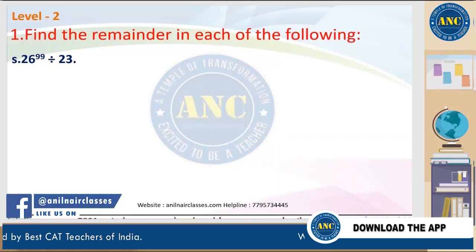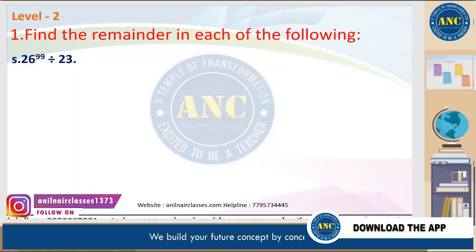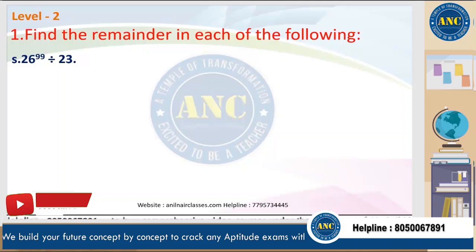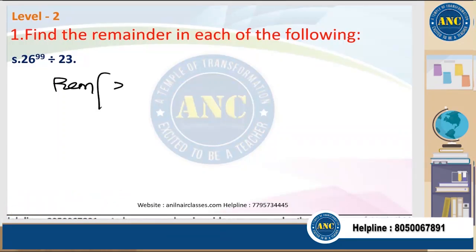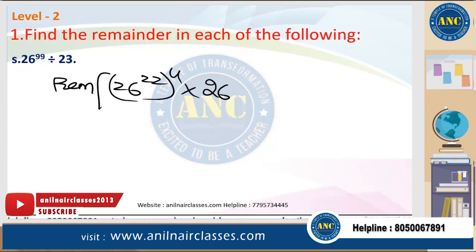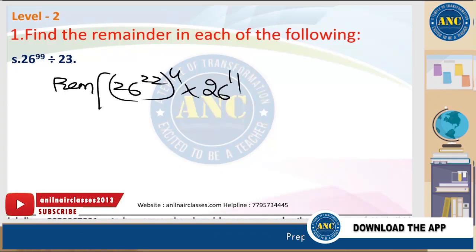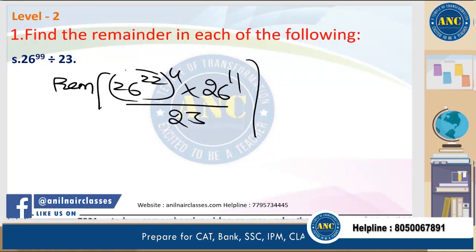Right? Now see here. 26 power 99 divided by 23. I'm sure you can give it a try. So this is nothing but 26 power 22 power 4 into 26 power 11 divided by 23.